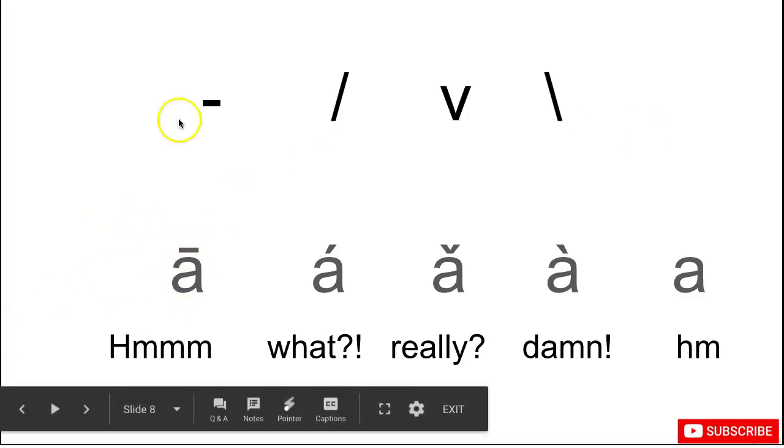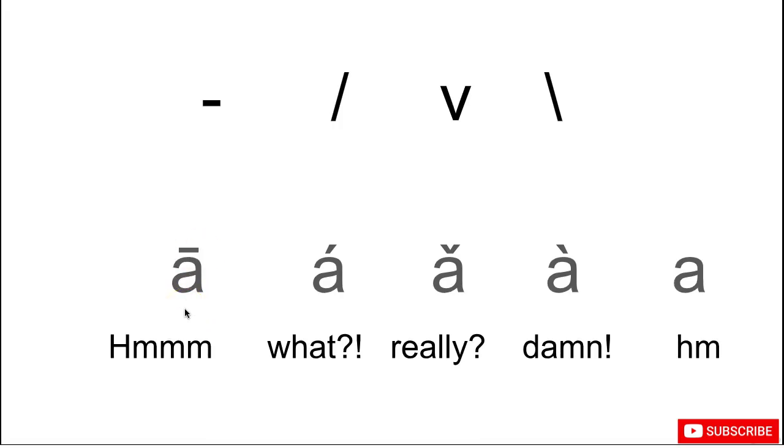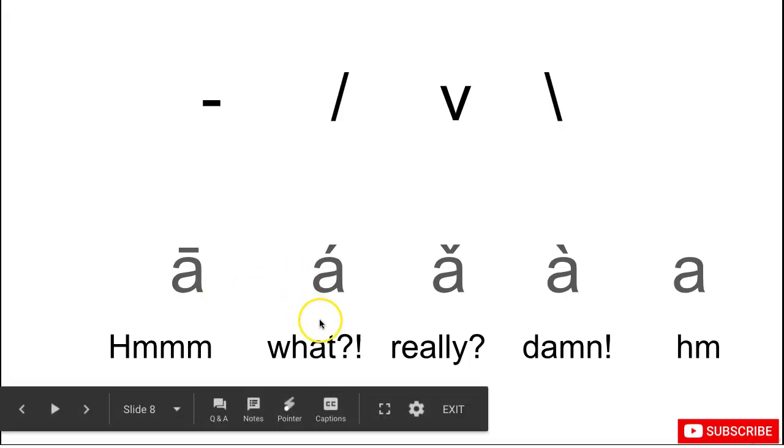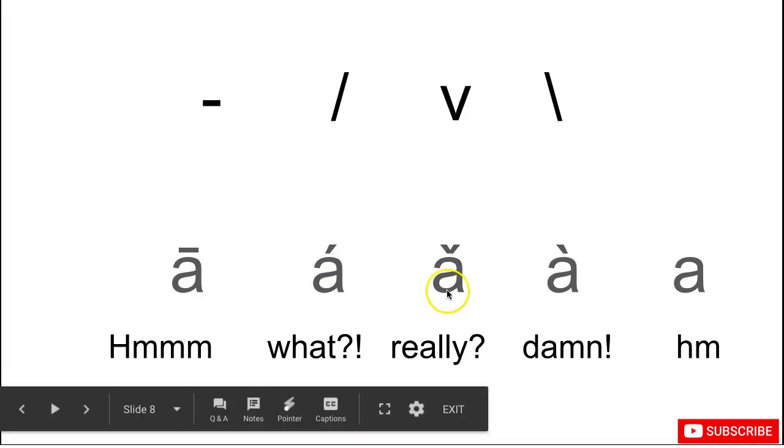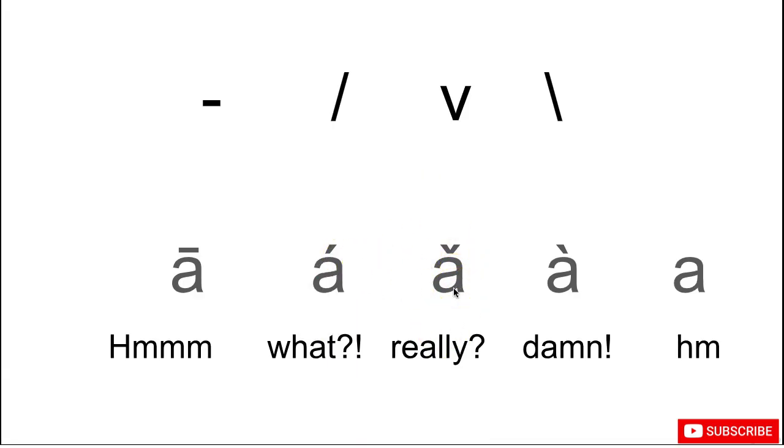The secret we saw was that the first one sounds like when you ask a question, you say "ma". The second one sounds like "what", a rising tone. The third tone sounds like "really".